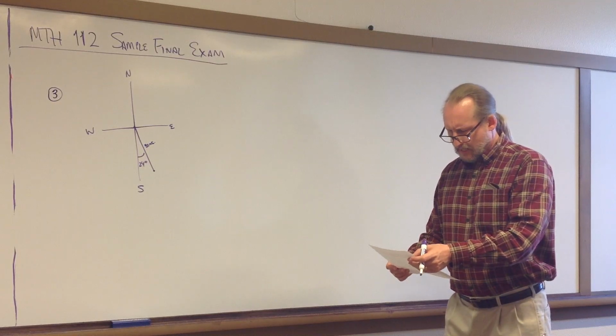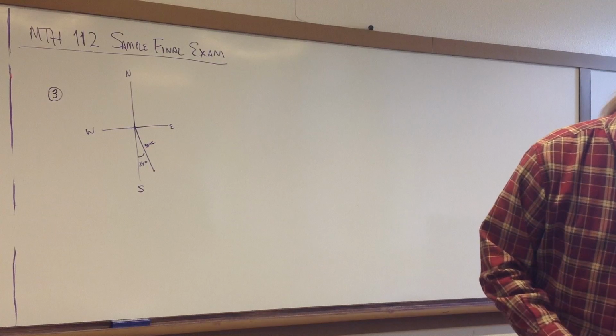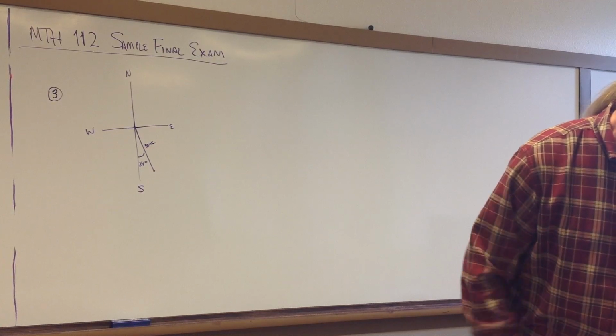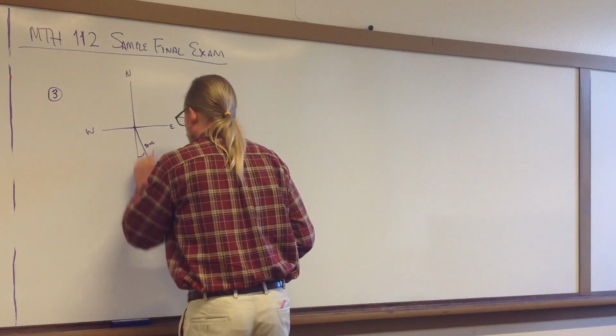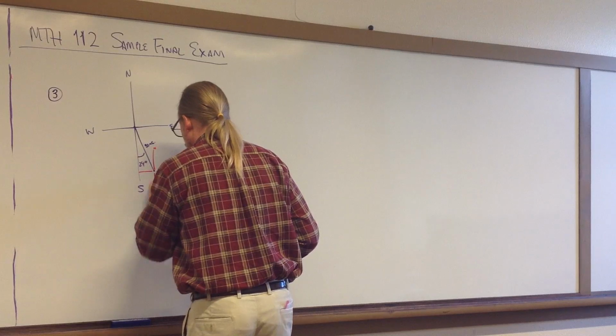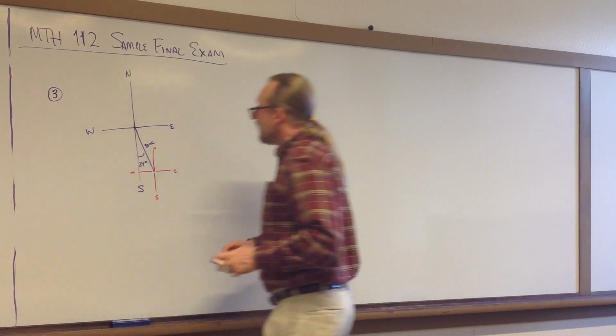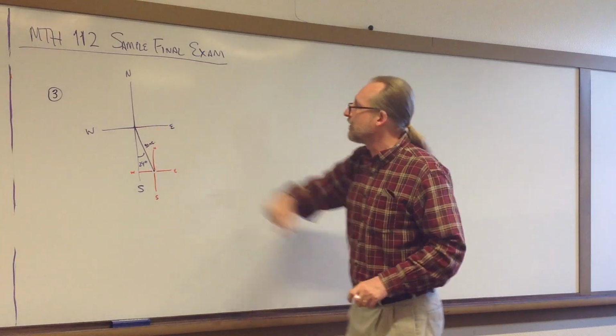The ship then proceeds along a course with a bearing of 37 degrees east of north for 5 hours. All right, so we've got to do another north, south, east, west, because the bearing is given from this position. We don't go back to this one again.